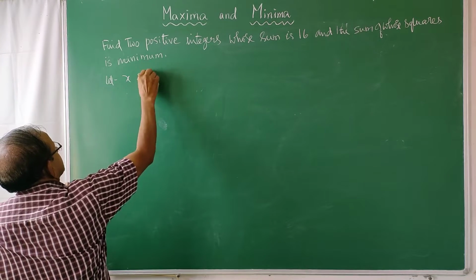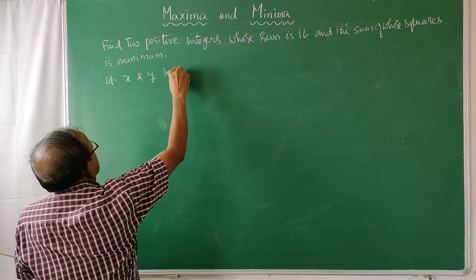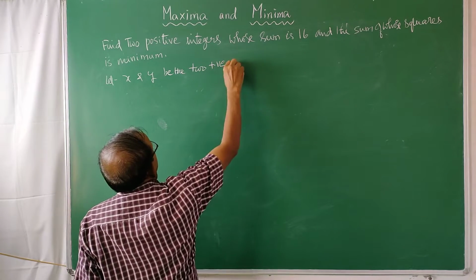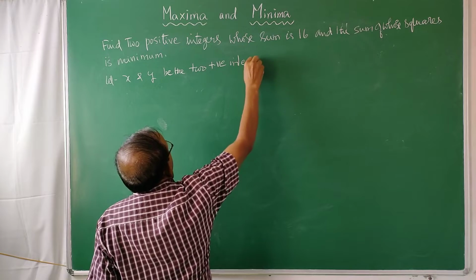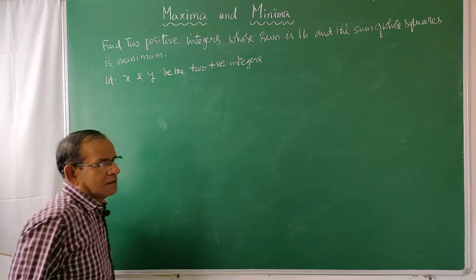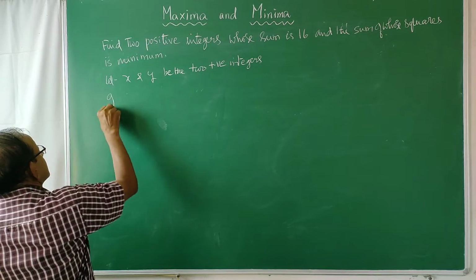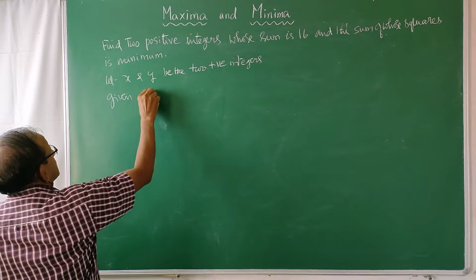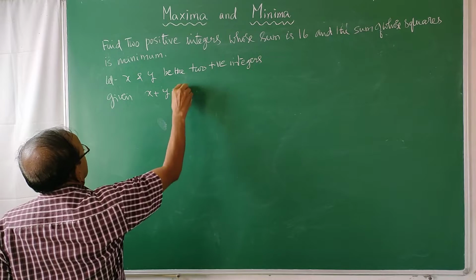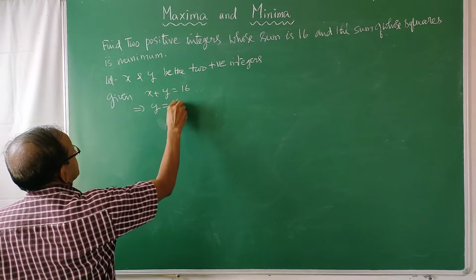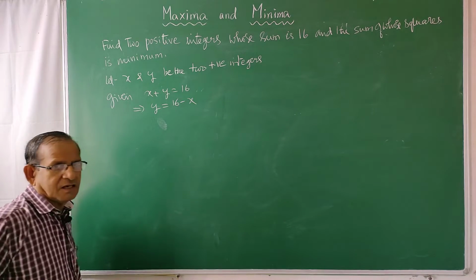Let x and y be the two positive integers. So given x plus y is 16, that implies y is equal to 16 minus x.